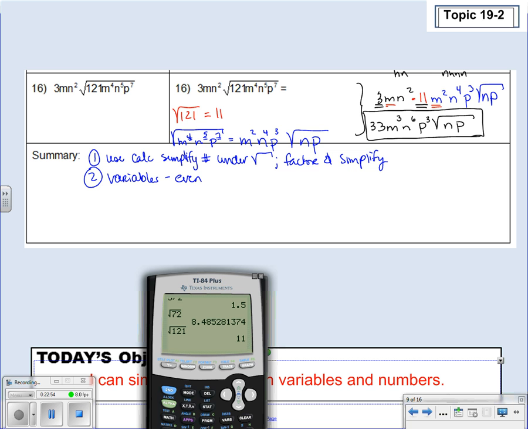If it's an even exponent, we divide by 2. And that's to get the variable out of the radical.